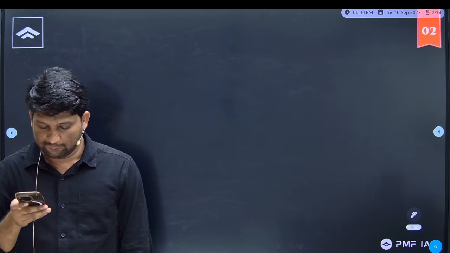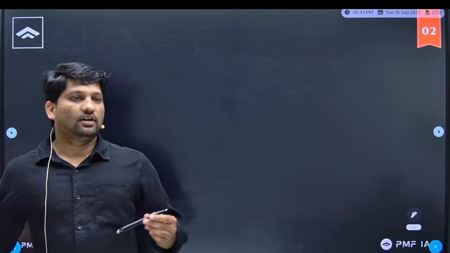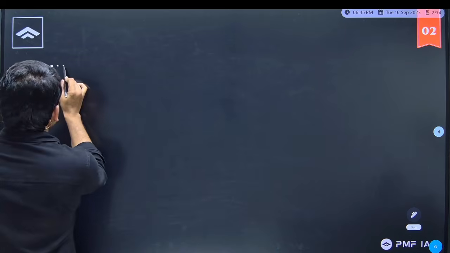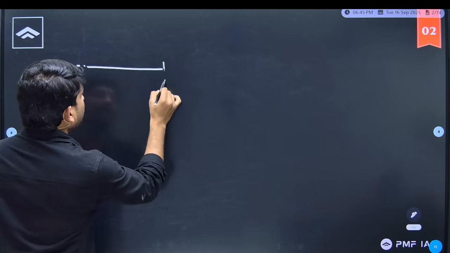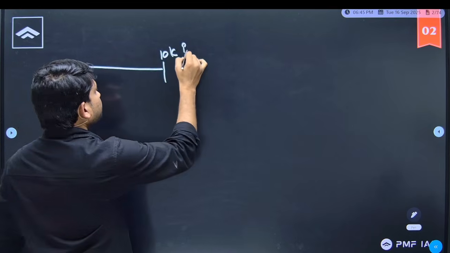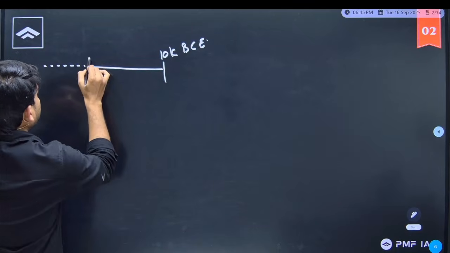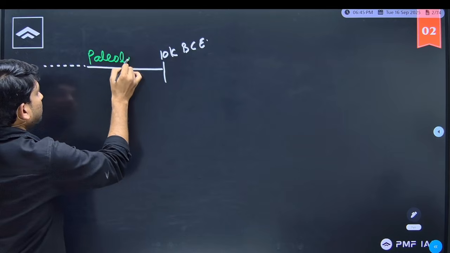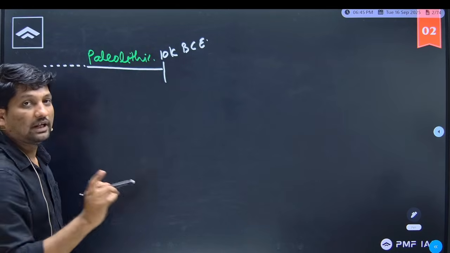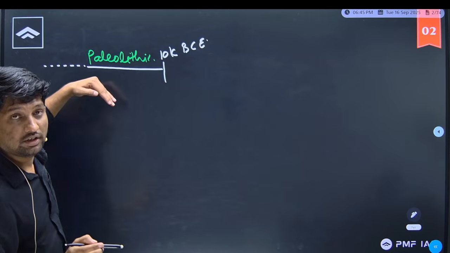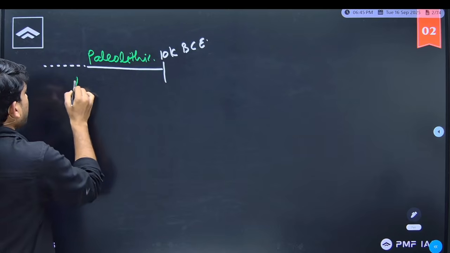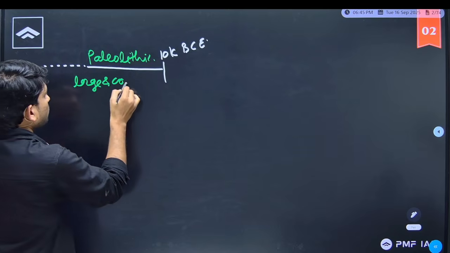Okay, everyone is clear. So the Paleolithic phase started around 6 lakh and continued till 10,000 BC. During this Paleolithic phase, humans were using large and crude stone tools, right?